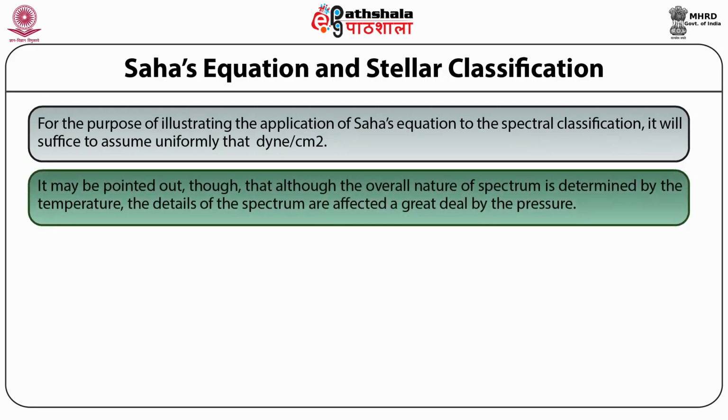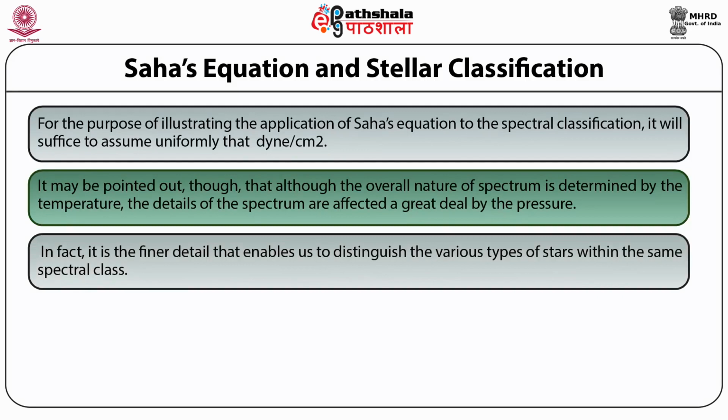It may be pointed out, though, that although the overall nature of the spectrum is determined by the temperature, the details of the spectrum are affected a great deal by the pressure. In fact, it is a finer detail that enables us to distinguish the various types of stars within the same spectral class.